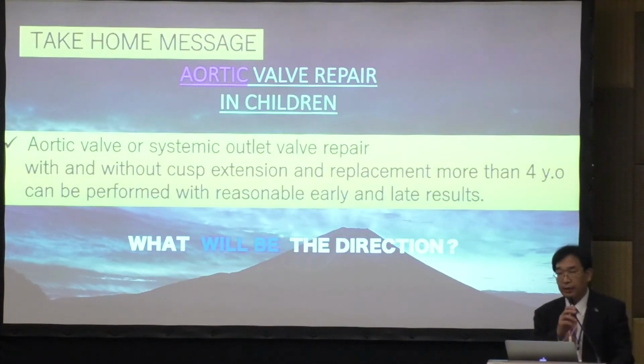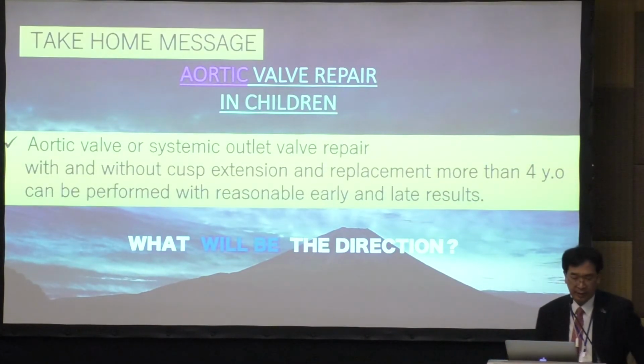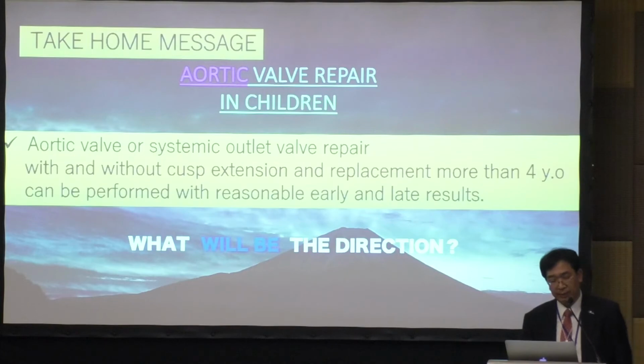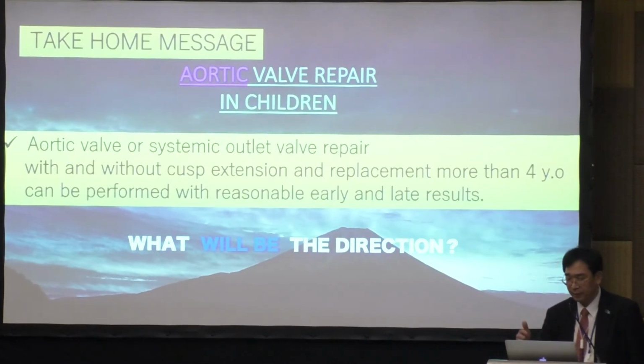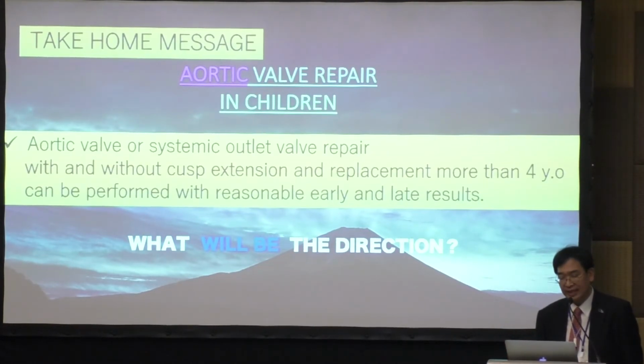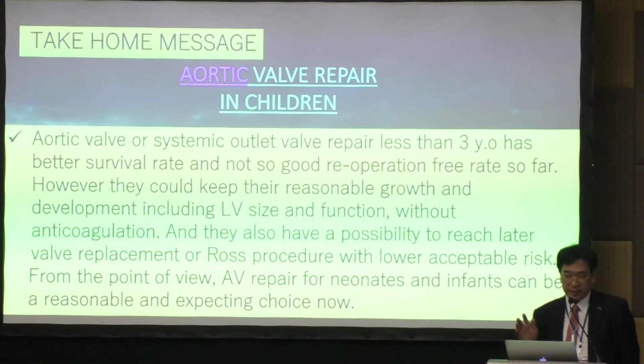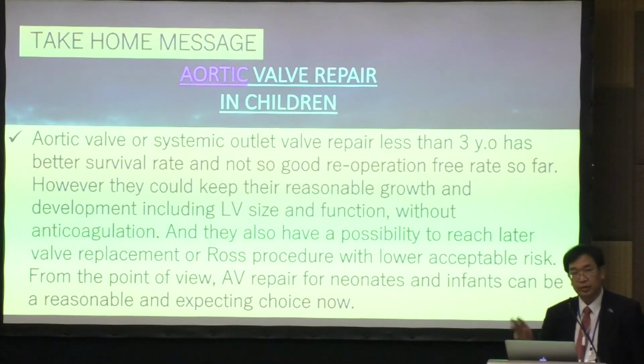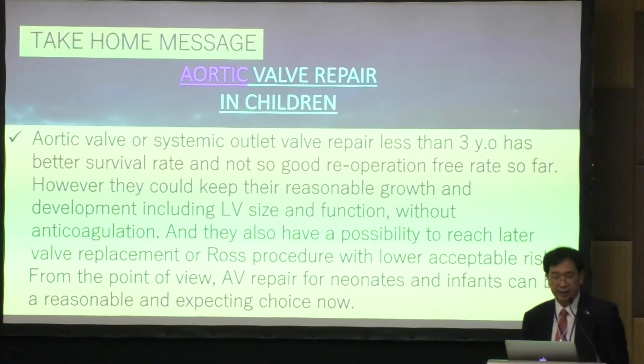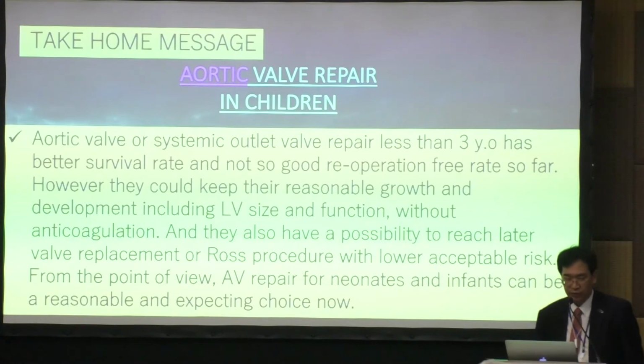Take-home message: aortic valve or systemic aortic valve repair with and without cusp extension or replacement reconstruction in patients more than 4 years old can be performed with reasonable early and late results. Repair in patients less than 3 years old has better survival rate and not so good reoperation-free rate so far.